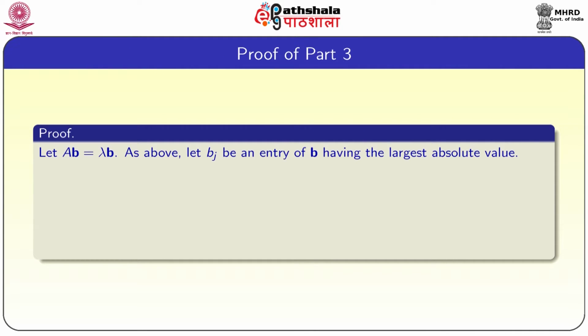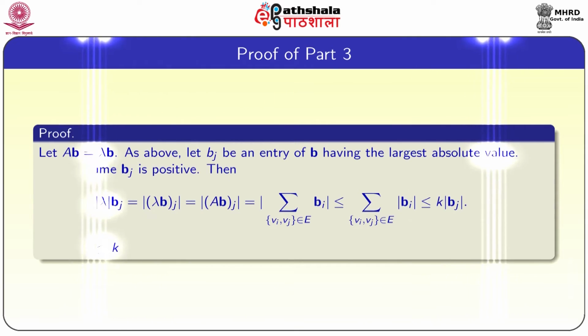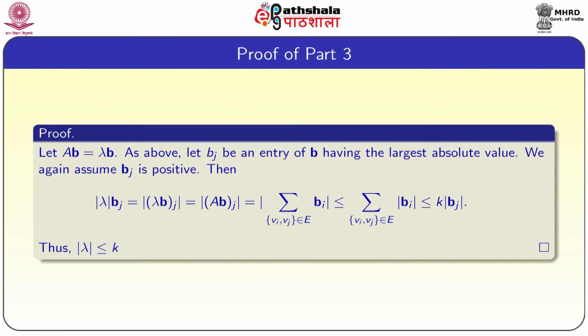Now, we will prove part 3 of this result. Let AB = lambda B. As above, Bj is the entry of B having the largest absolute value. Again, assume that Bj is positive.